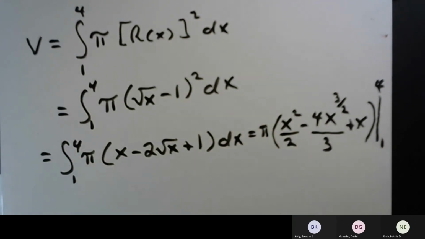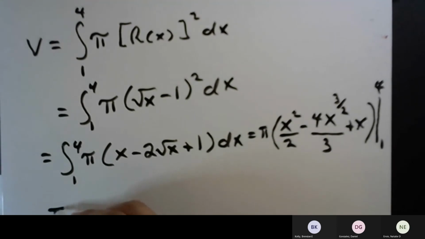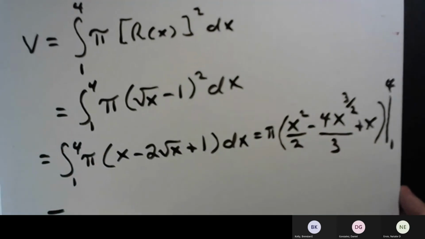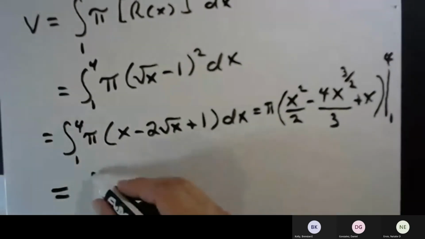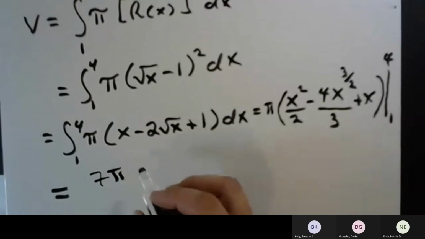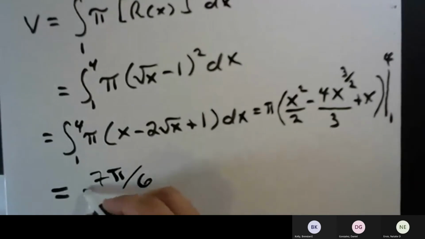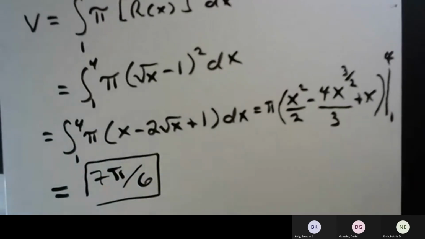And if we hammer out the arithmetic on that, what we're going to get in the end is 7 pi over 6. Questions about that?